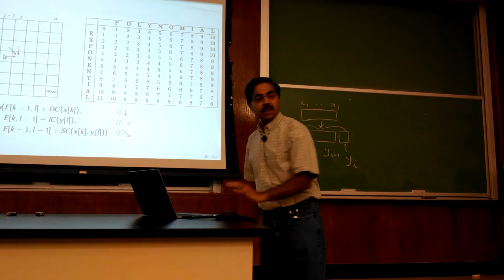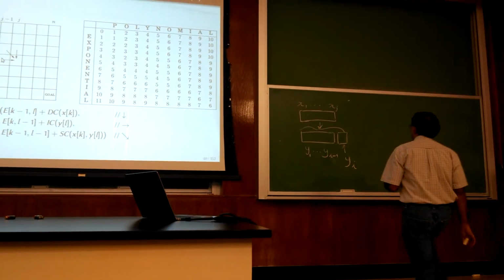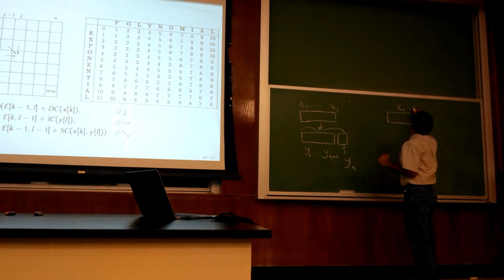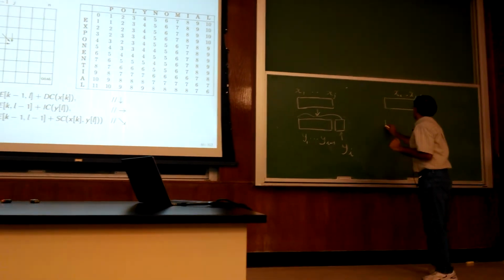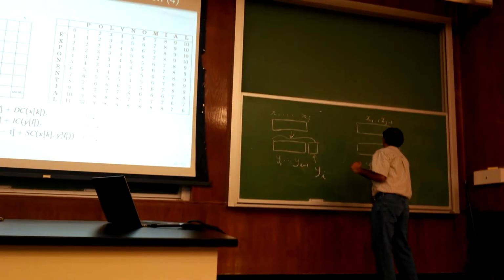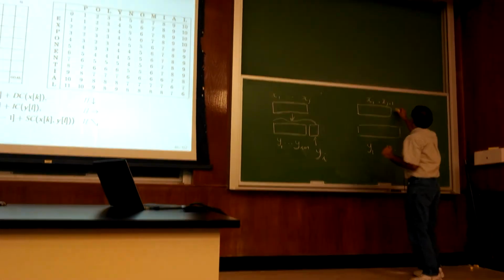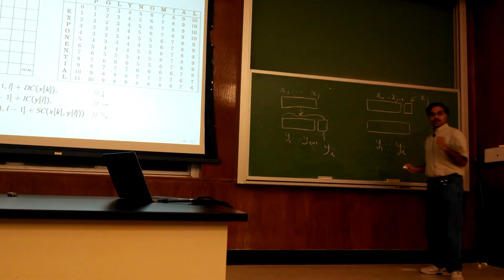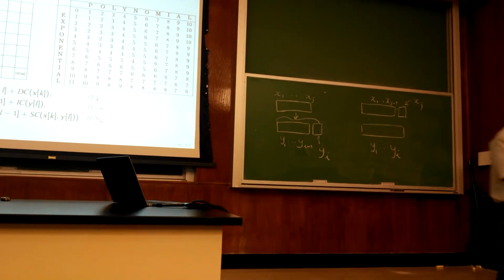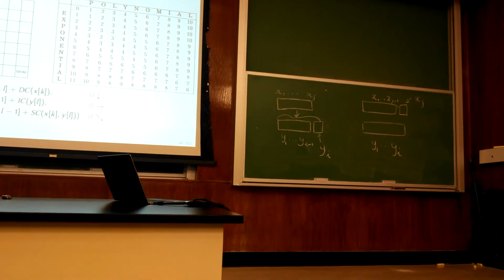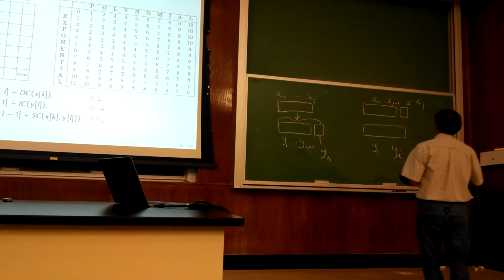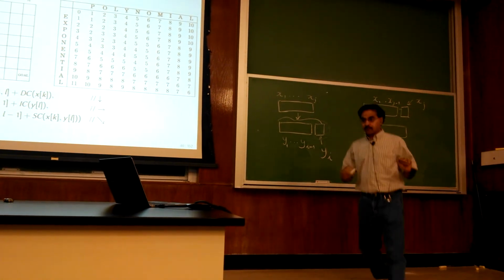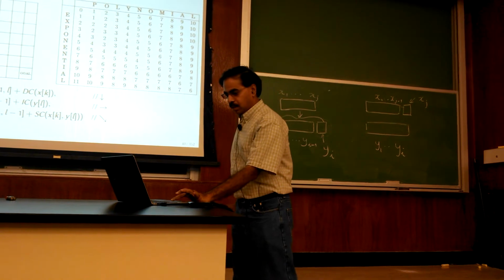Same way I can do this, which says I'm going to take x1 to xj minus 1 and y1 to yi, and then I'm going to consider that xj is the odd man out, and I'm going to consider its cost in addition to the cost of lining up x1 to xj minus 1 with y1 to yi, okay?